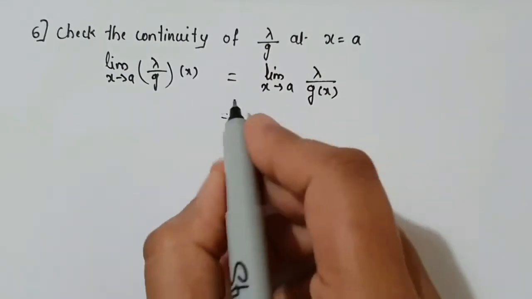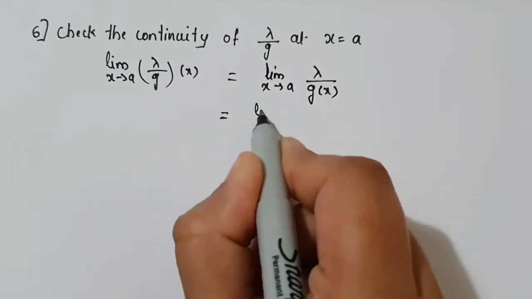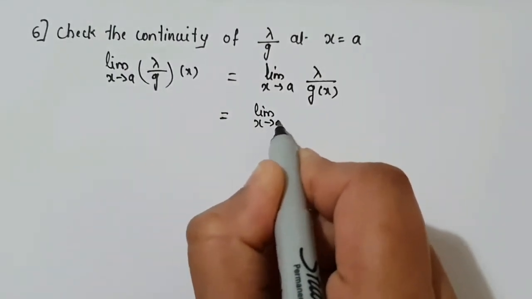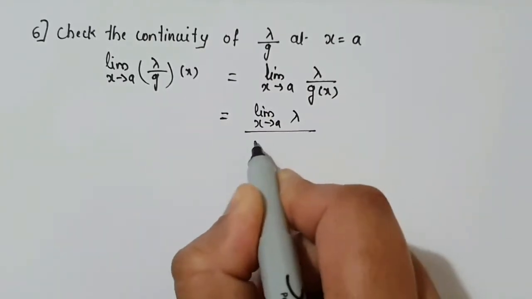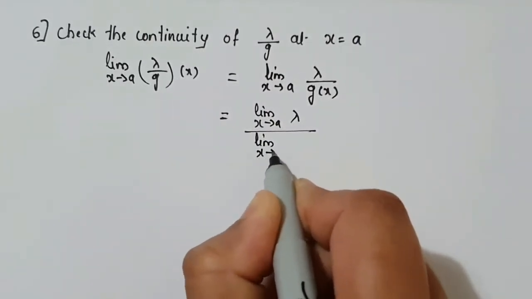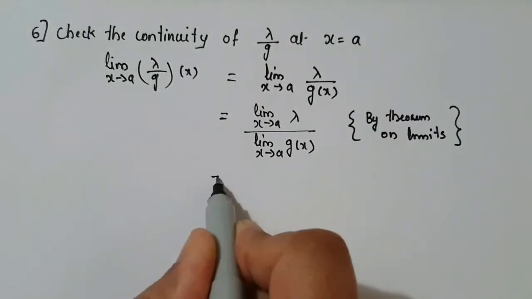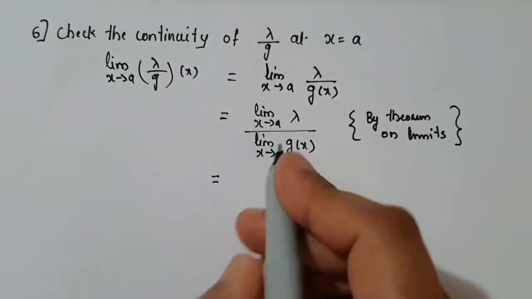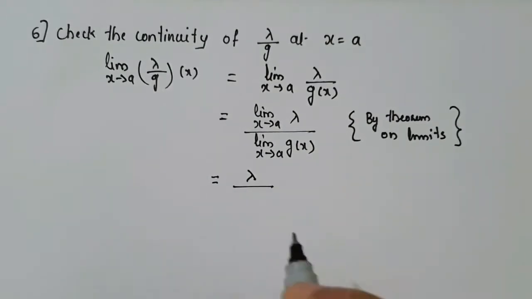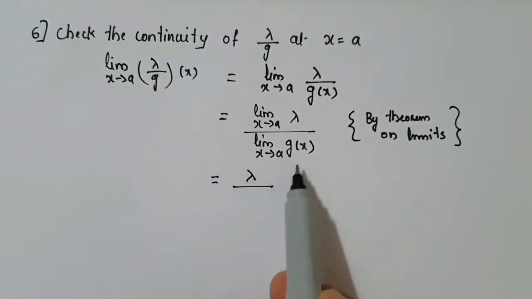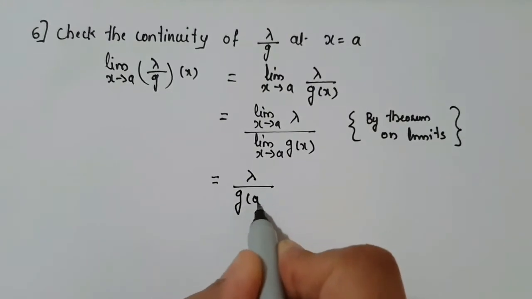When limit goes inside, this becomes limit x tends to a lambda by limit x tends to a g of x. This is equal to limit of a constant is constant, that is lambda, by limit x tends to a g of x is g of a.